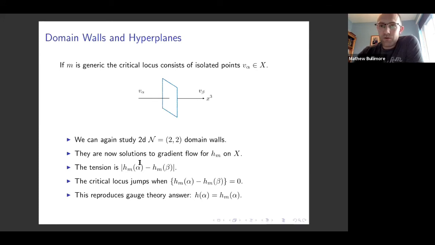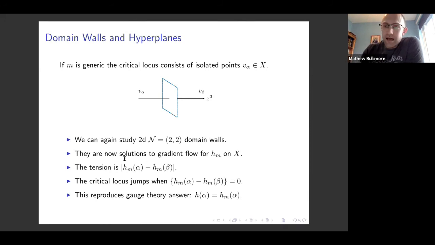And again, like before, the tension of such a domain wall is given by basically the difference of this function h at the two vacua. And when this vanishes, that indicates that a moduli space is opening up that connects those two vacua. And we get a nice picture in this case of what that moduli space is. It's just the critical locus of the function h_m, when I specialize m to sit on that locus. It's just that, as m becomes more and more specialized, the critical locus gets bigger. And we're asking when that happens.